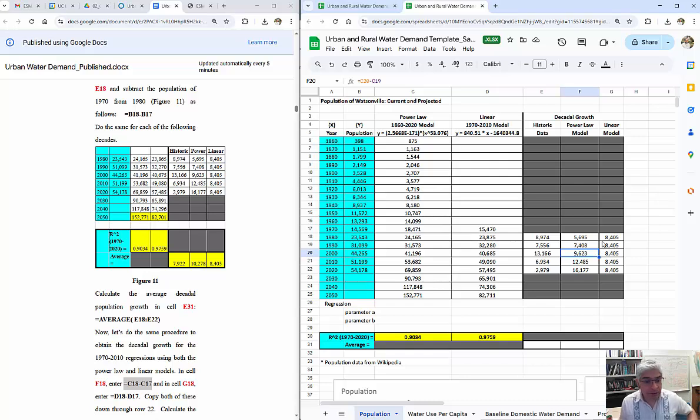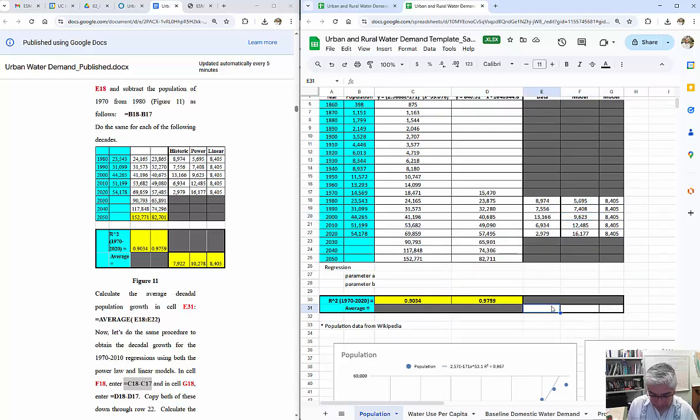These are different, of course, because it's a linear model. Here the decadal growth is linear, it's the same. We can calculate here the average of the decadal growth for the historic, the power law, and the linear model. This of course is the same.